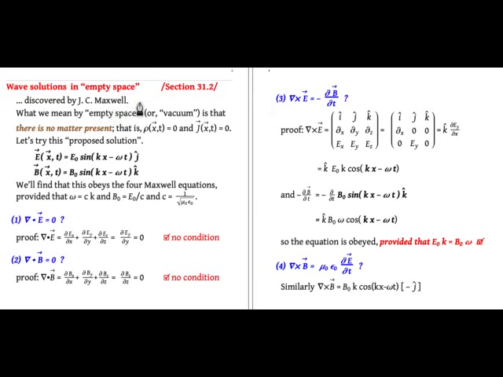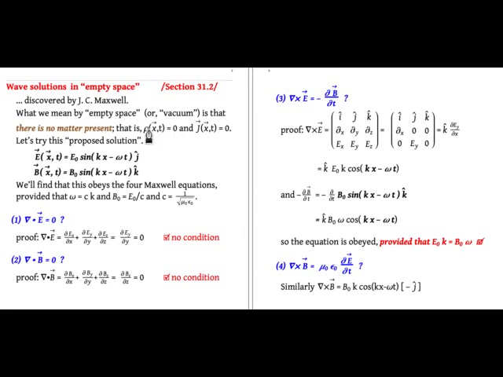What I mean by empty space, or sometimes we could say vacuum, is that there's no matter present. There may be matter somewhere else, but it's not in the space where we're looking at the electric and magnetic fields. So in other words, rho, the charge density, is zero in empty space because charge is in matter and there's no matter present.